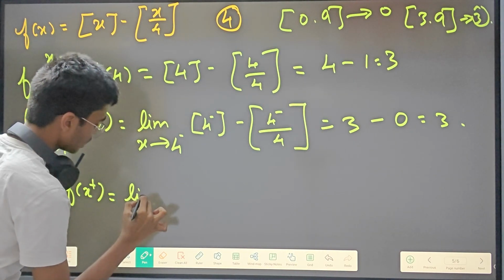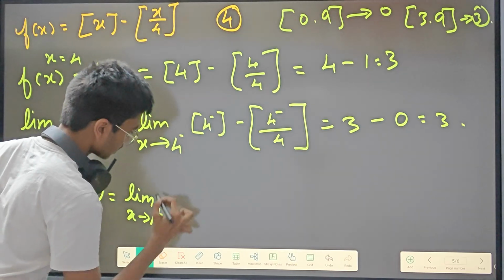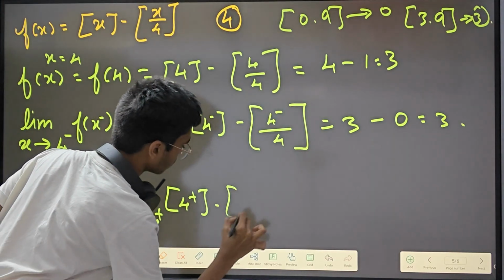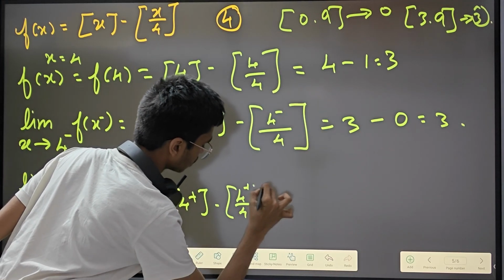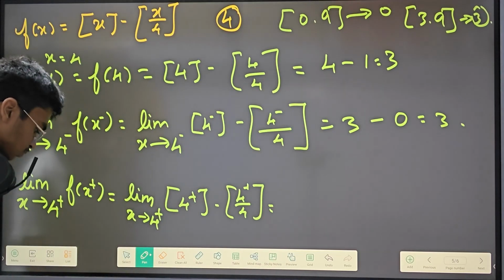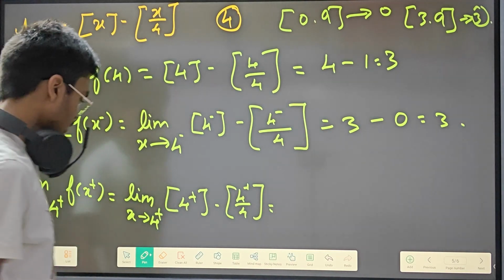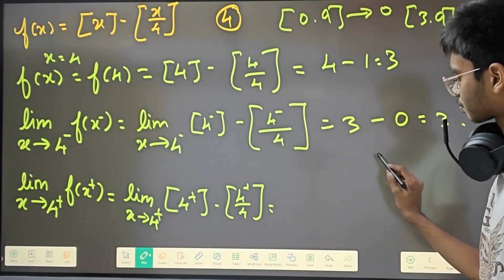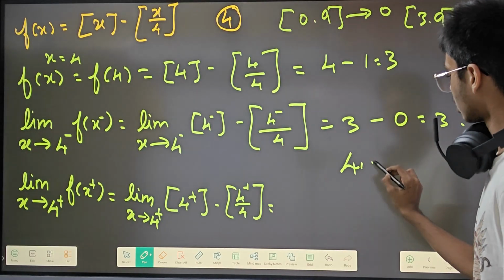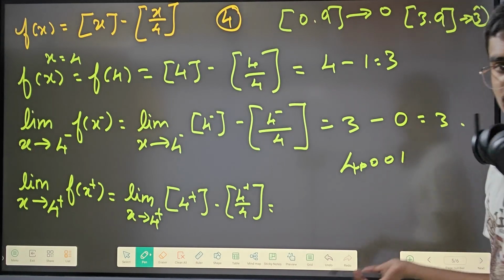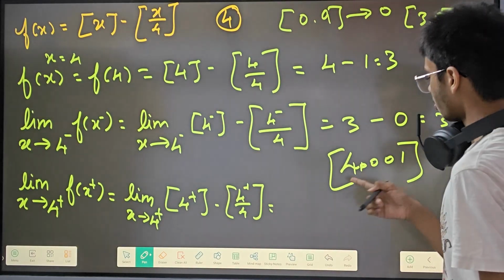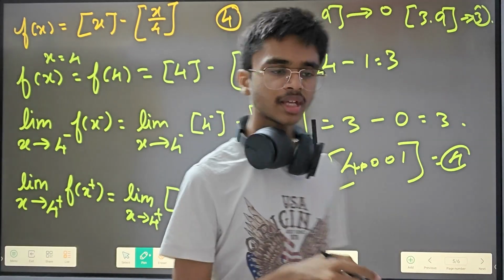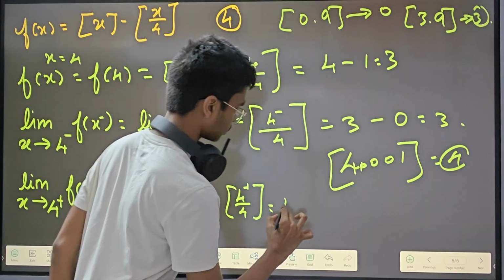So here now you check, it will be 4 plus minus 4 plus by 4, which is equal to what? 4 plus, which means it will be something like 4.001, but because of this greatest integer function, it will be converted to 4. So in place of this you can write 4.